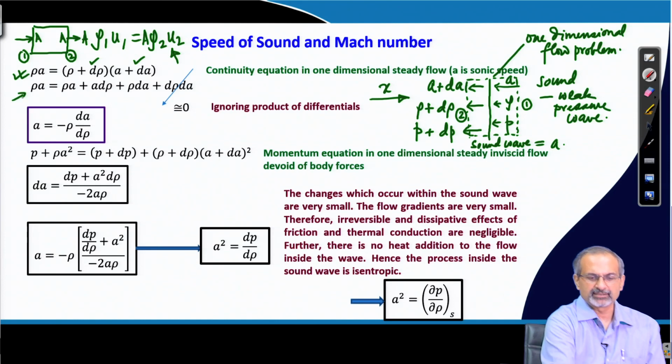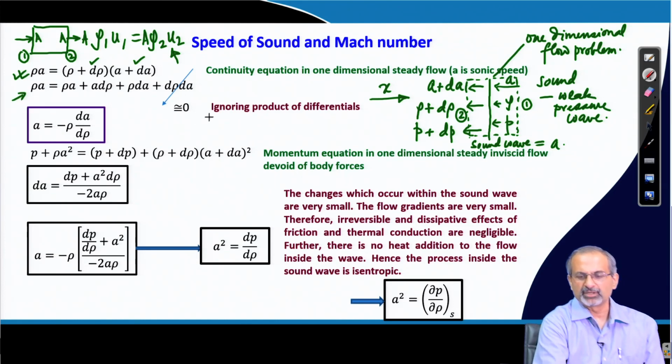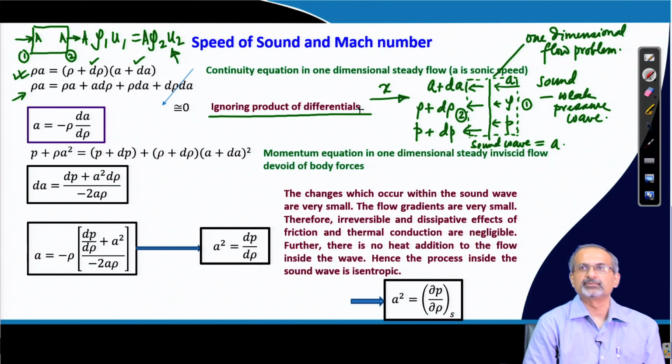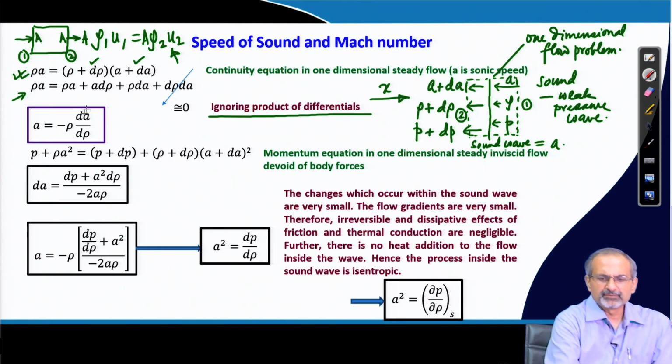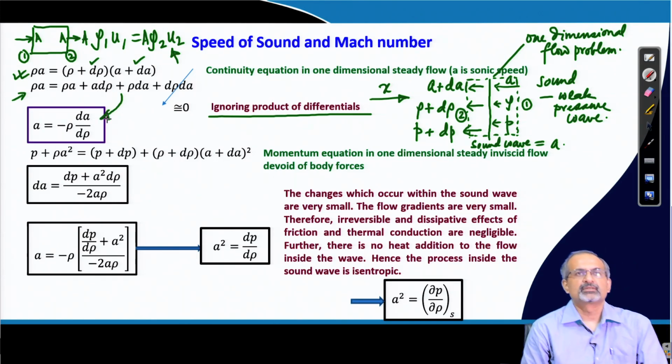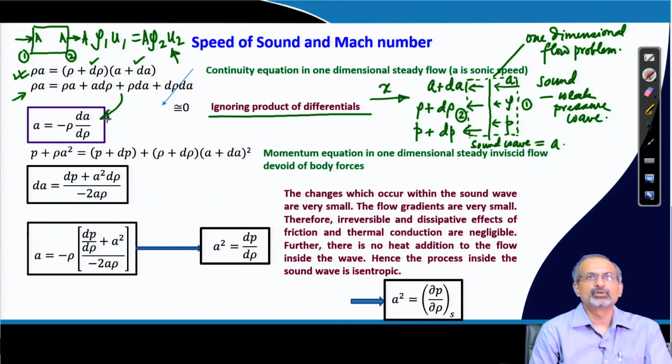With that you get this expression, but we are ignoring the product of differentials because they are very small quantities. So, finally, if you rearrange these terms, you get an expression for the speed of sound: a equals minus rho da by d rho.